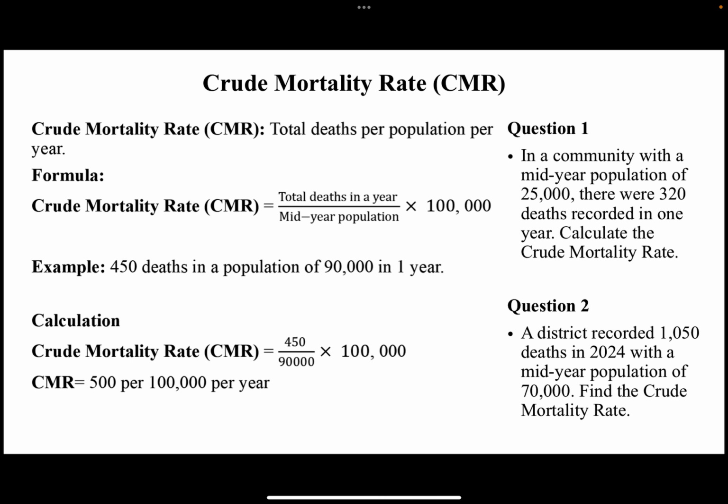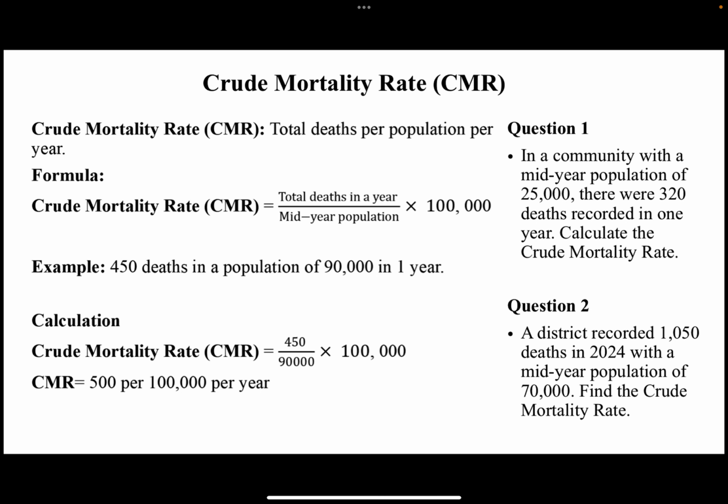The formula for calculating crude mortality rate is the total deaths in a year over the mid-year population, then you multiply by 100,000.